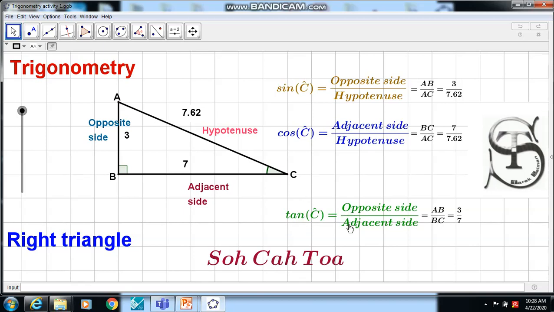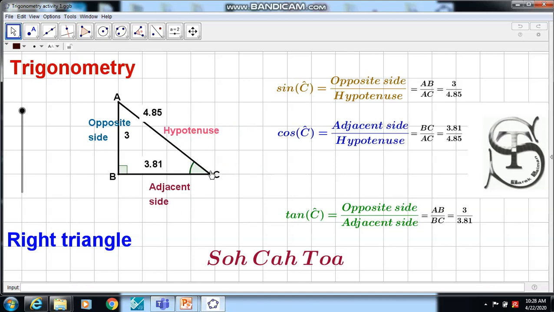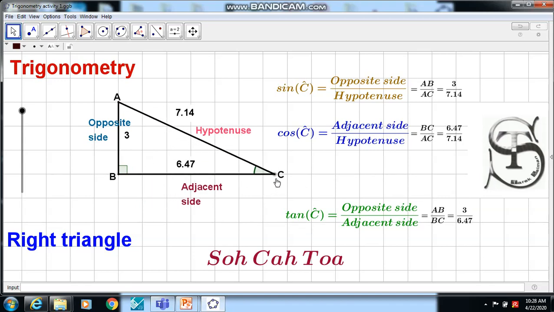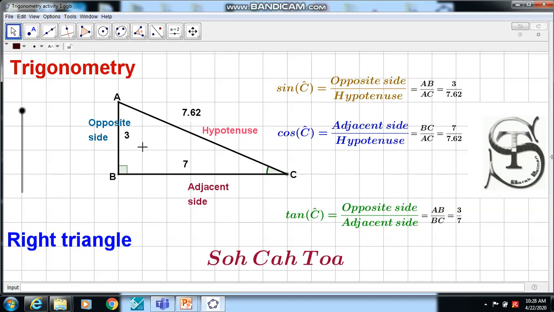Okay, now if we change the value of the angle, you can see that the triangle changes, but the triangle must always be right. The cosine, the sine and the tangent change values, but we can do it all the time if we have a right triangle.